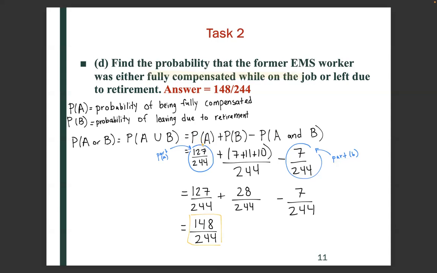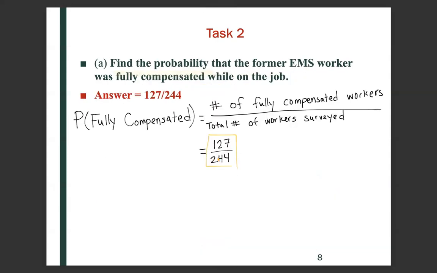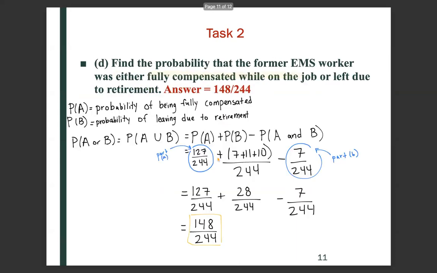So the probability of A, which is the probability of being fully compensated, we found in part A, which is 127 over 244. And then plus the probability of B, which is the probability of leaving due to retirement.